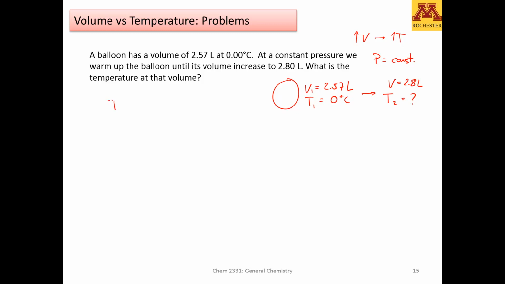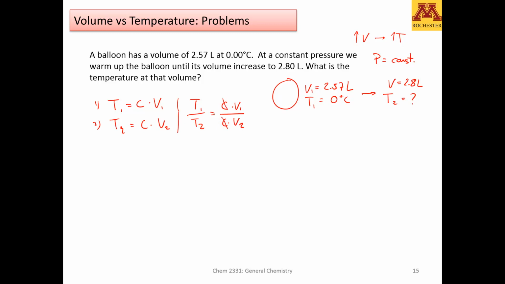Okay, again, this relationship: volume 1 is a constant times temperature 1, and volume 2 is a constant times temperature 2. You can just assume that if you divide equation 1 by equation 2, you get V1 divided by V2 equals T1 divided by T2, and the constant goes away.